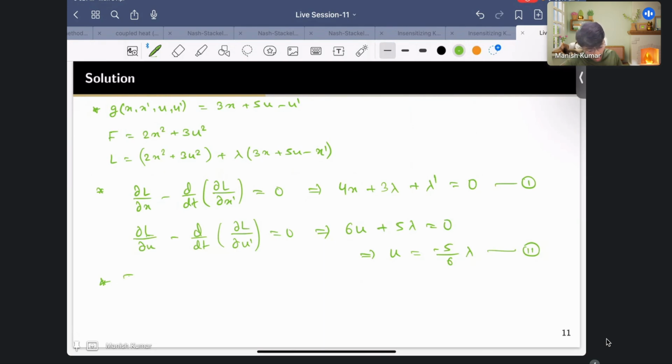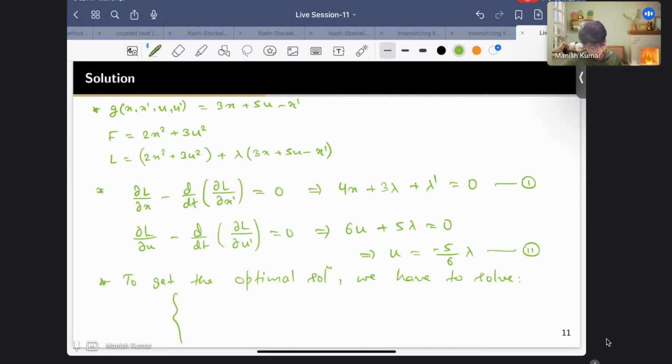So now to get the optimal solution, we have to solve the following. So here also it is x prime.